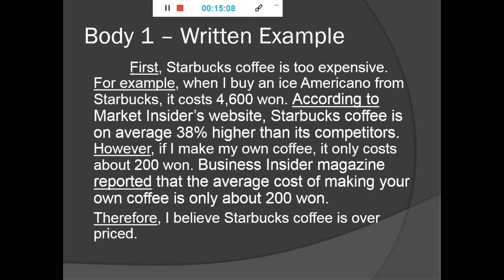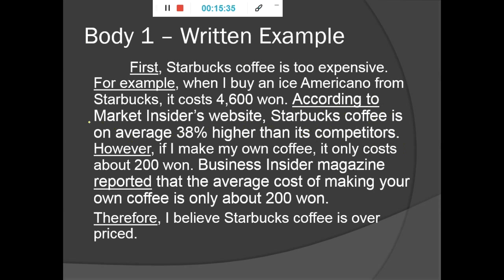For example, so when you give an example, you can use this transition word or phrase here. For example, when I buy an iced Americano from Starbucks, it costs 4,600 won. According to Market Insider's website, we have some research here, so I'm going to put according to.